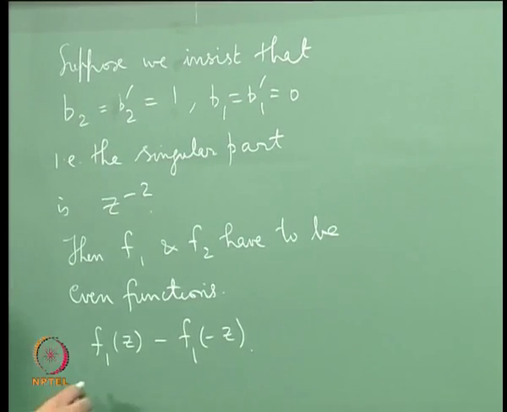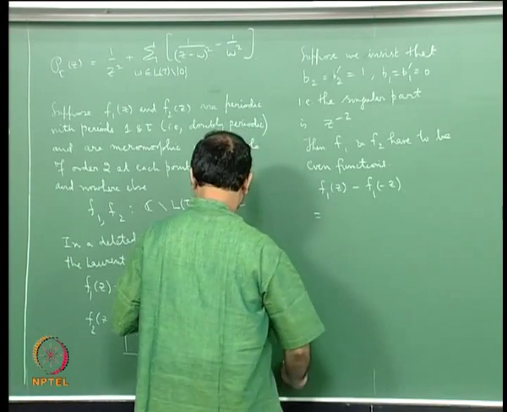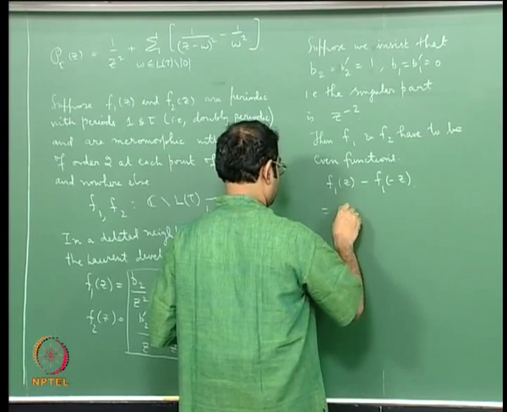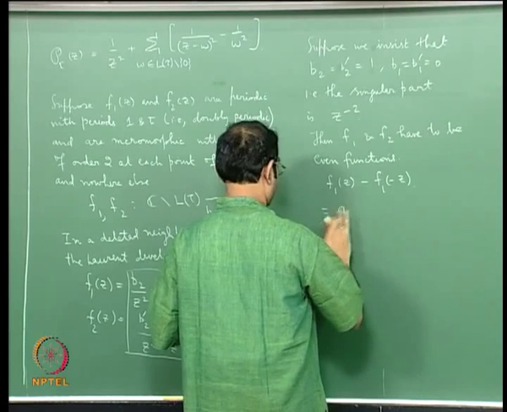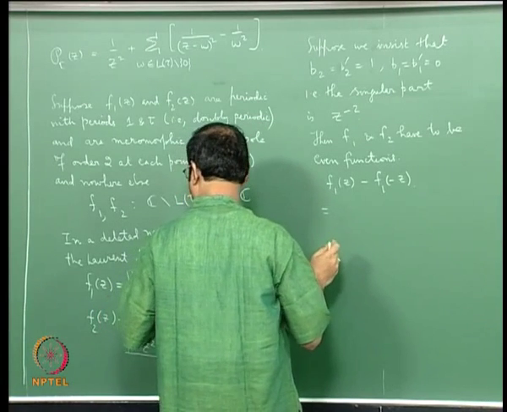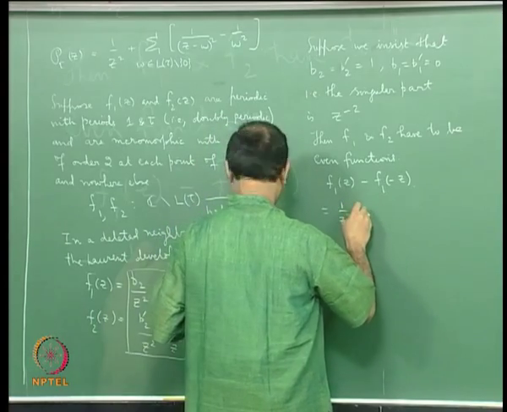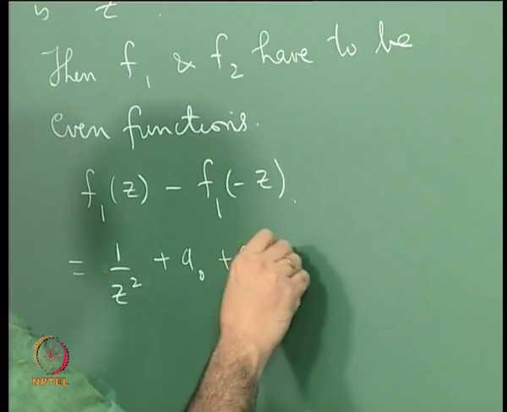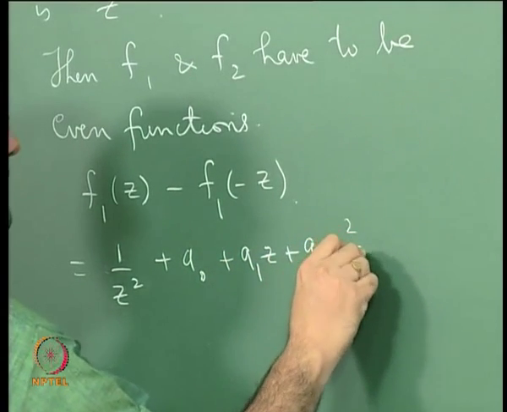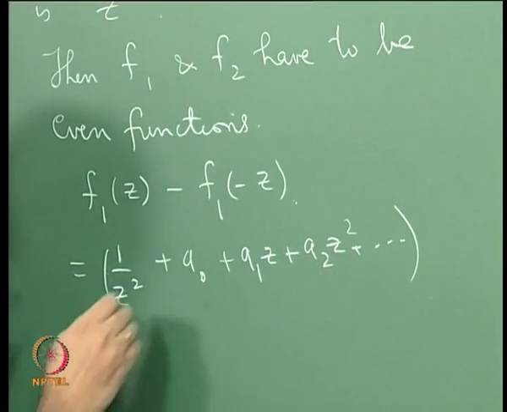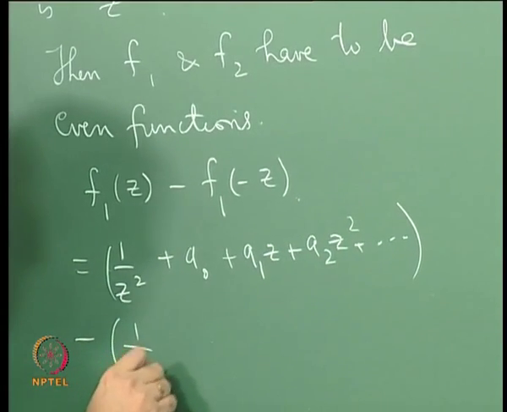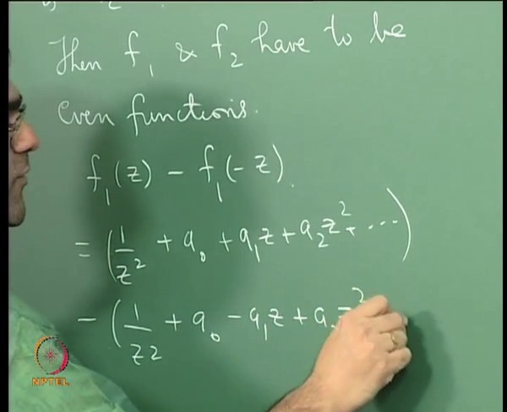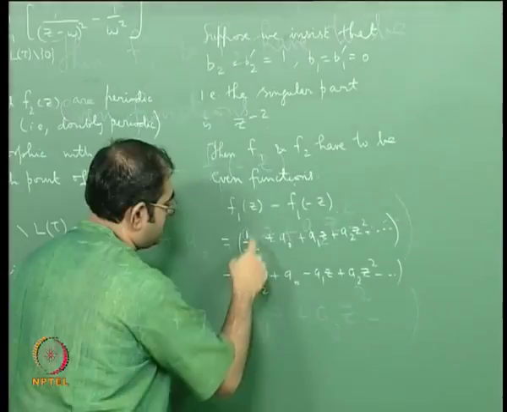If I expand it, let me write it down. f1 z is going to be 1 by z squared plus a naught plus a1 z plus a2 z squared plus so on, minus f1 of minus z, which is going to be 1 by z squared plus a naught minus a1 z plus a2 z squared minus and so on.